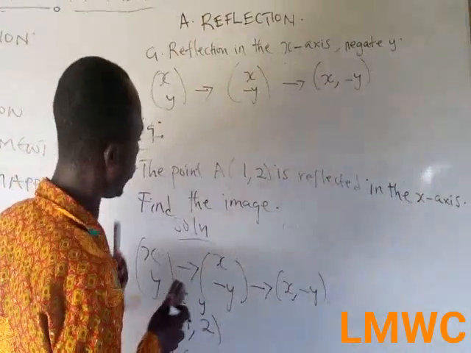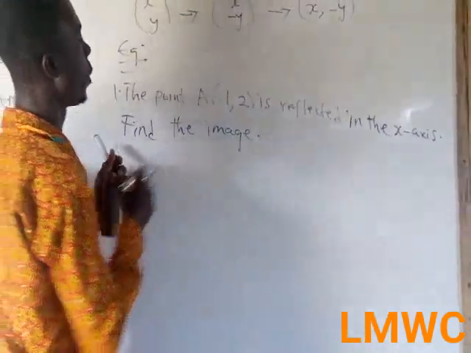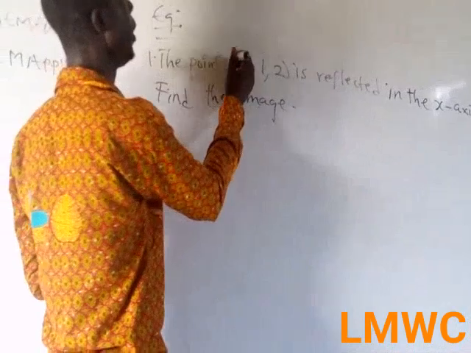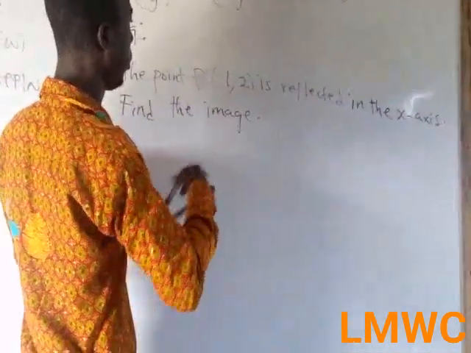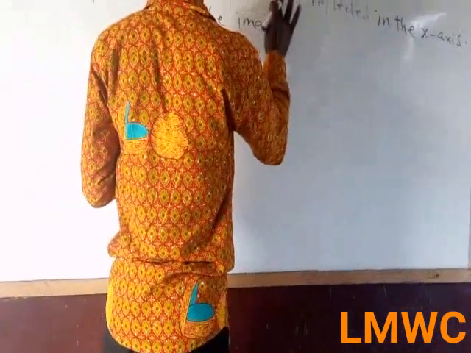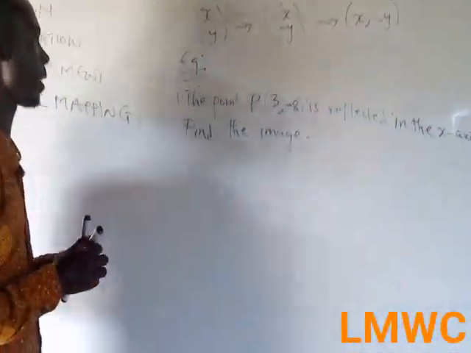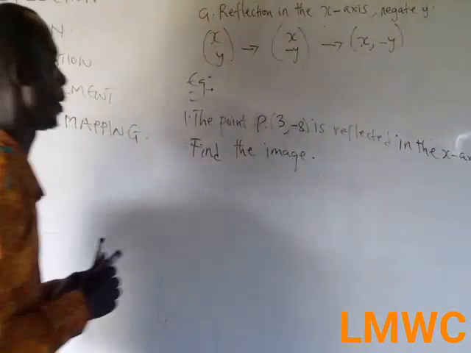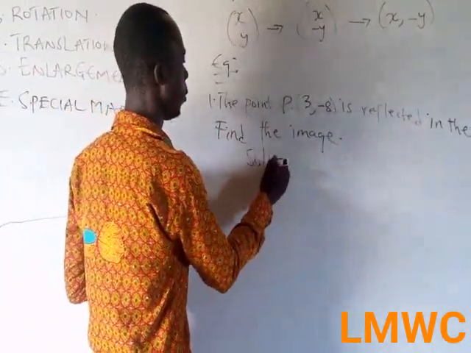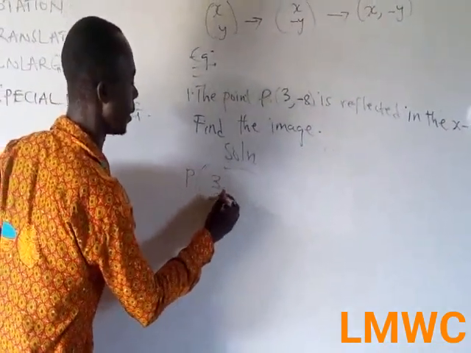The second example, the same question. If I change this and make it P, so P (3, -8) is reflected in the x-axis. Find the image. So we know P is (3, -8).